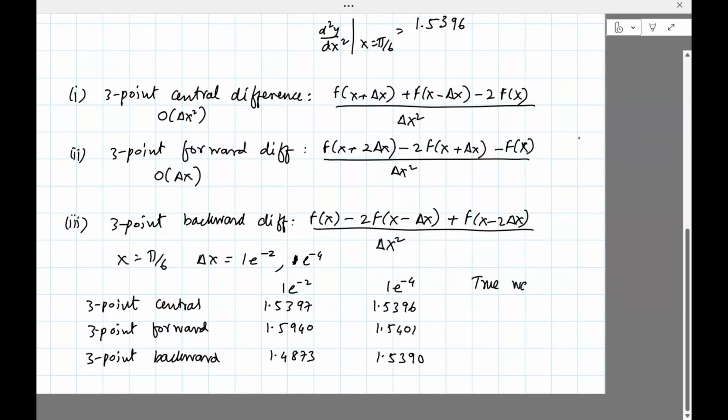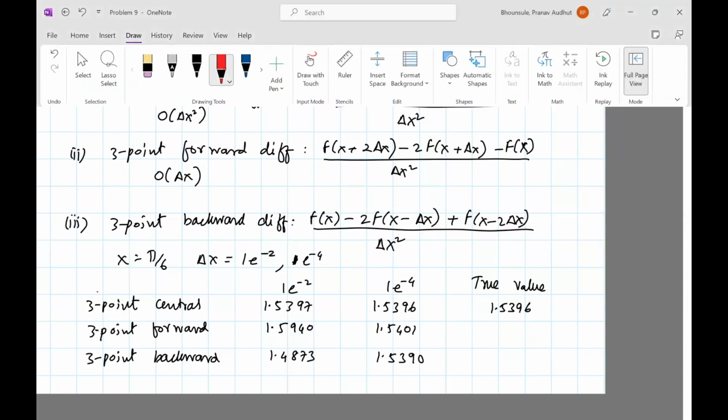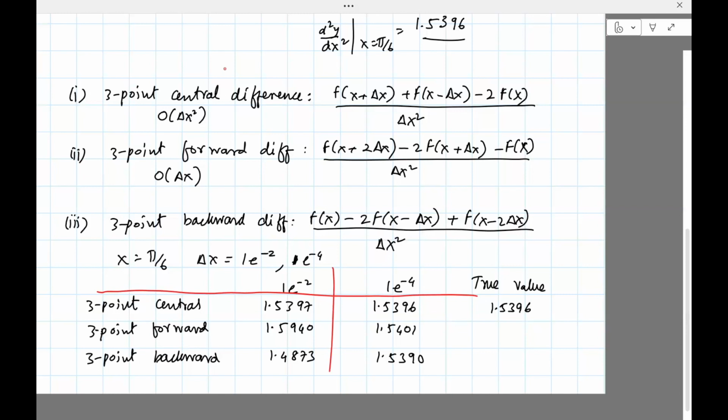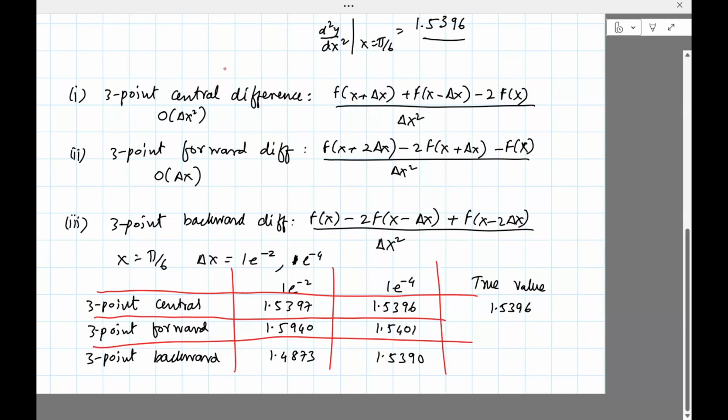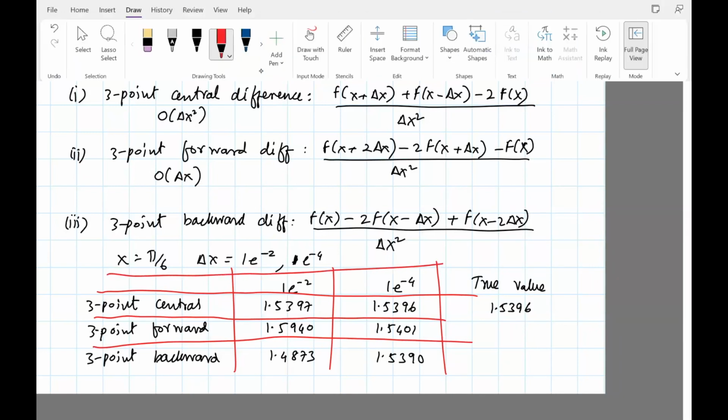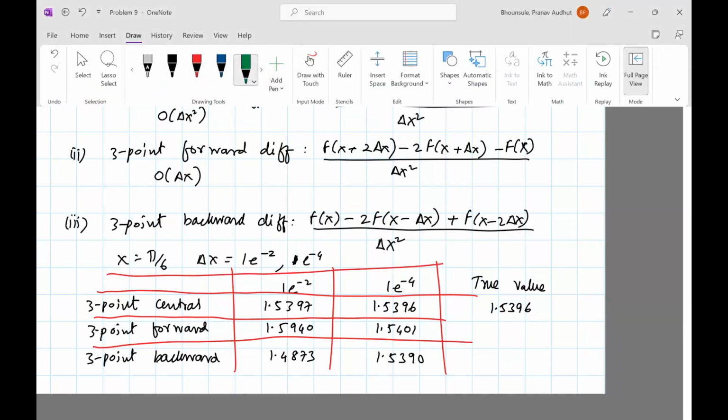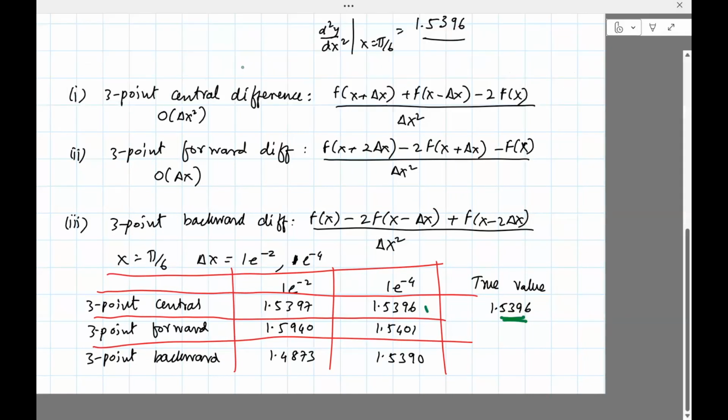True value is right here, 1.5396. So let's go and check this out. Okay, so 1.5396 looks like this checks out. 1.5397, that's close. So using 3-point central difference, which by the way was accurate to delta x squared, we get exactly the value we wanted.